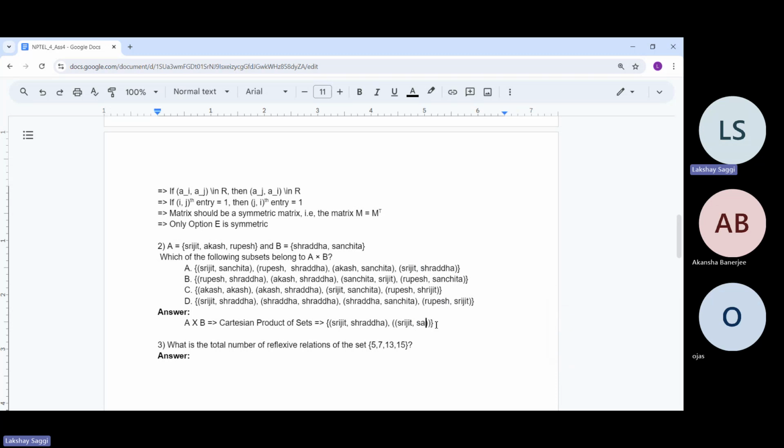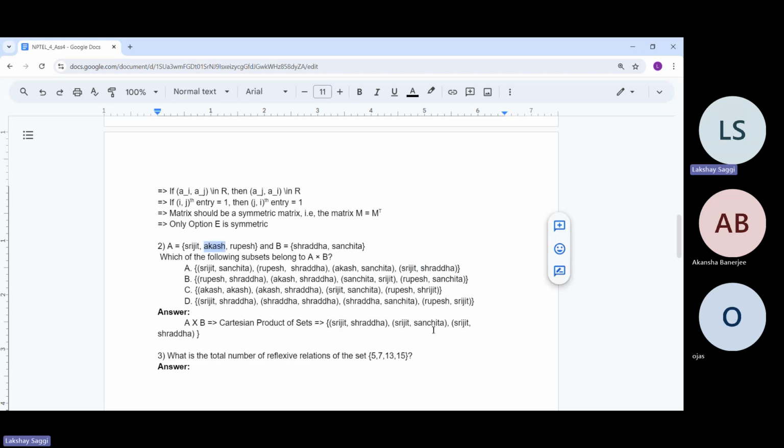Then Akash can be paired up with Shraddha and Sanchita. So this is also possible. And the other pairings are that Rupesh can also be paired up with Shraddha and Sanchita.